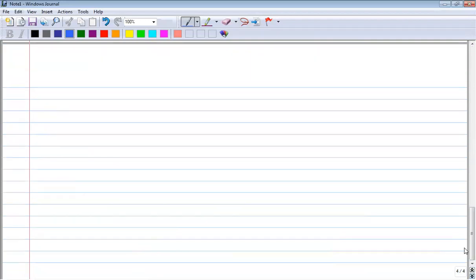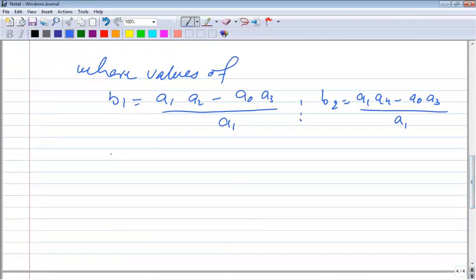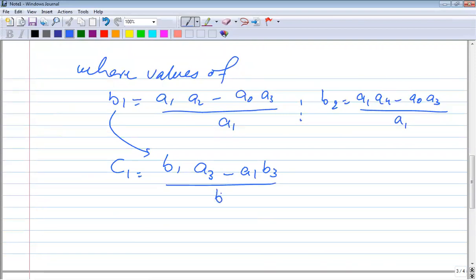Similarly, the value of c1 is equal to b1 a3 minus a1 b3 divided by b1.